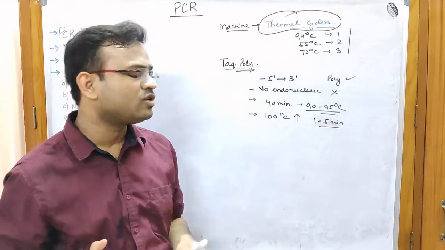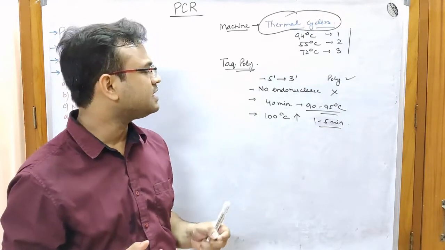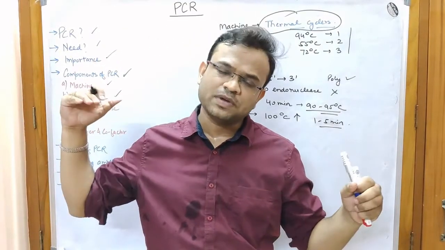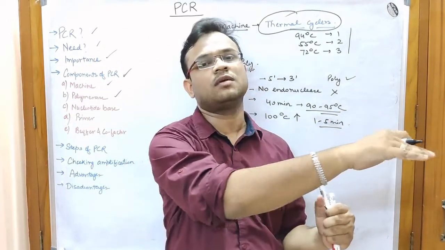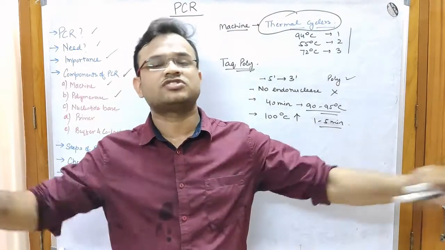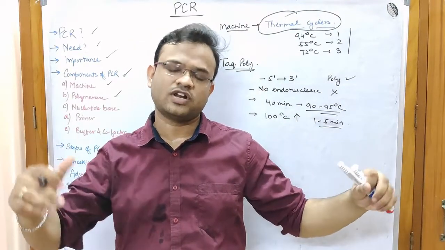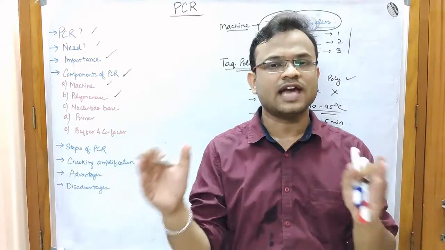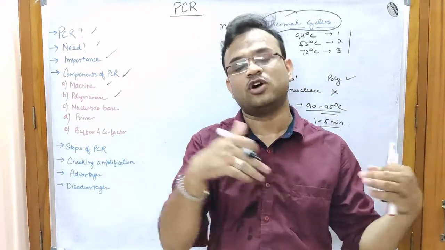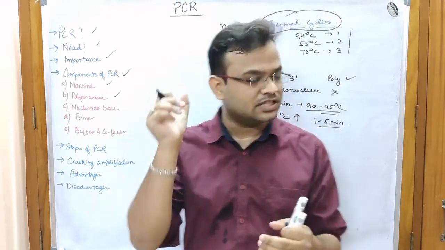One thing more I would like to add here is that Taq polymerase does not have a good fidelity. What does fidelity mean? It cannot be used for amplification of a long stretch of DNA. It can be used for small stretches of DNA to polymerize or amplify them, right?